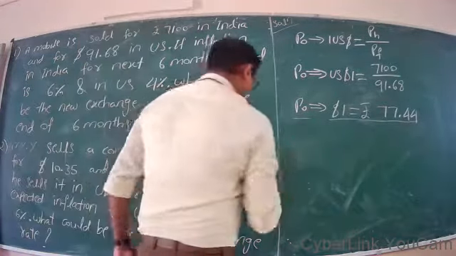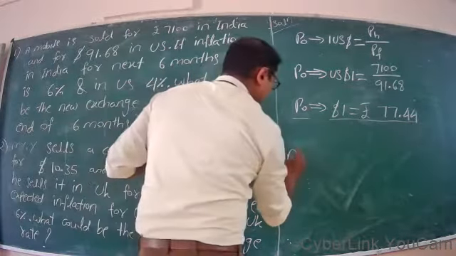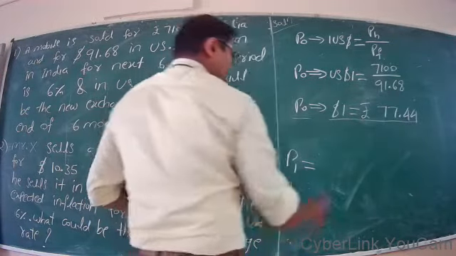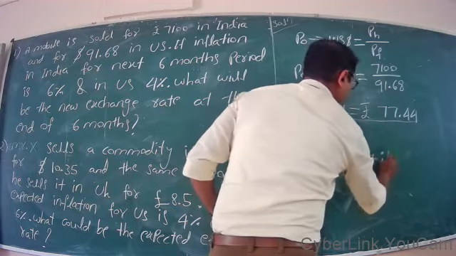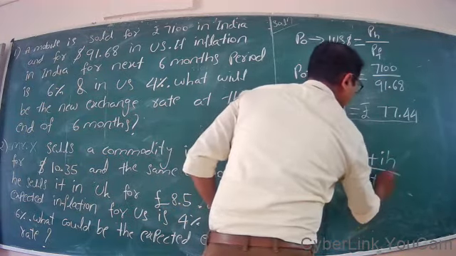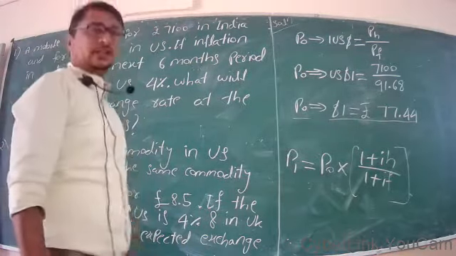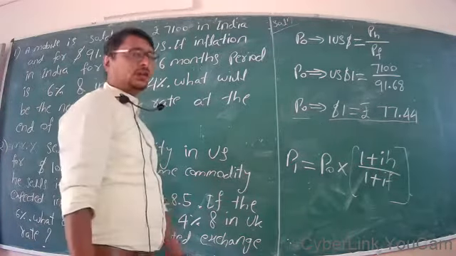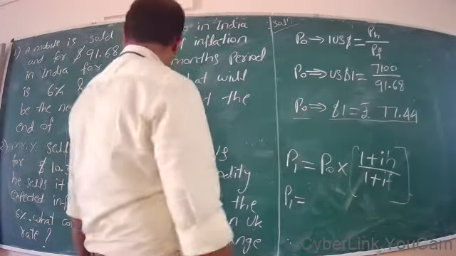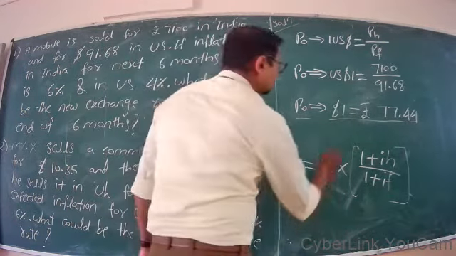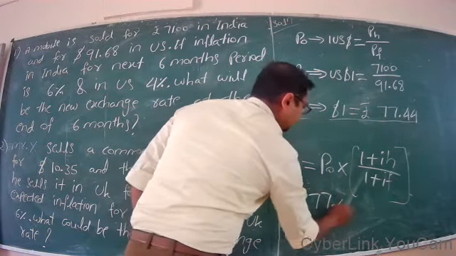Because they are asking what will be the new exchange rate. The new exchange rate, P1, is equal to P0 multiplied by 1 plus IH divided by 1 plus IF, inflation in the home country divided by inflation in the foreign country. P0 we have already calculated: 77.44.